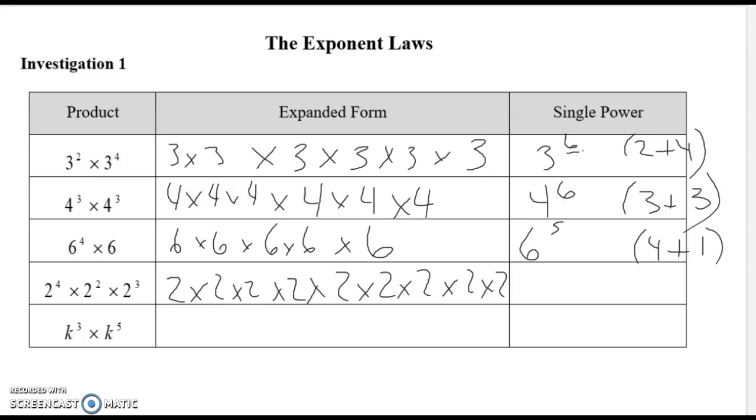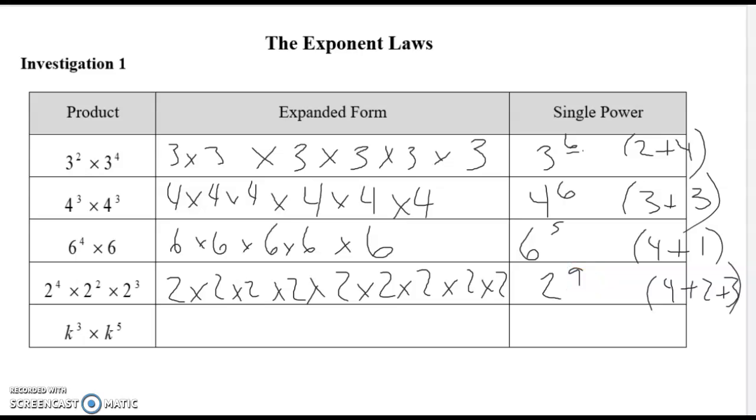At a single power, our base is 2, and then we have 1, 2, 3, 4, 5, 6, 7, 8, 9. If we just add the exponents, we have 4 plus 2 plus 3. 4 plus 2 is 6, and 6 plus 3 gives us our 9.